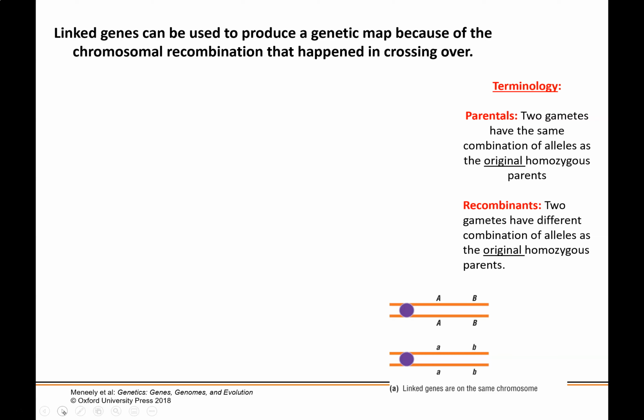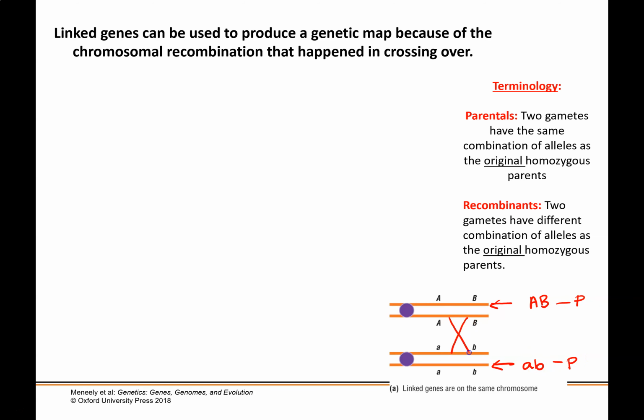The parental chromosomes are going to be made from gametes that have the same combination of alleles as the original parents. So these were the outer chromosomes that we saw in the last example, and they are going to produce gametes that have the same combination as the parents. So these are the parentals.